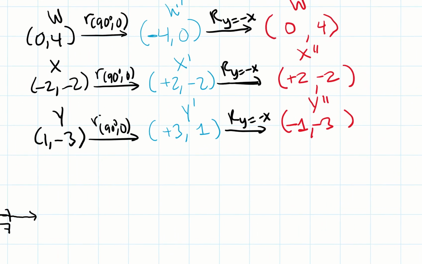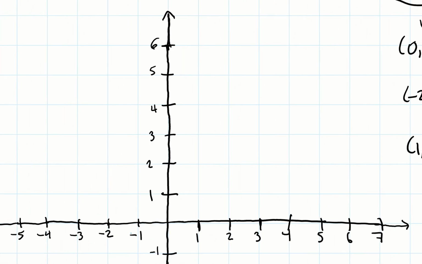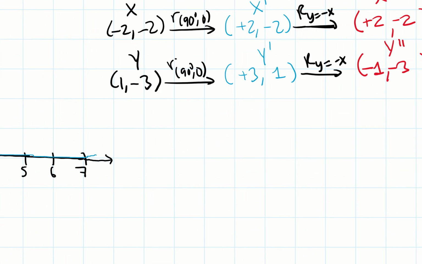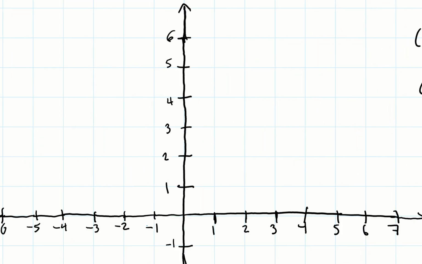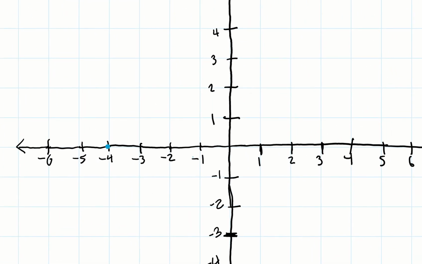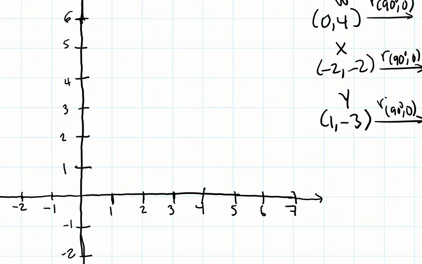And so now I can go ahead and plot those. So let's do the blue first. 0, -4, 0. Oh, let's draw our original as well. I forgot to draw the original. So let's do the original. 0, 4, -2, -2.